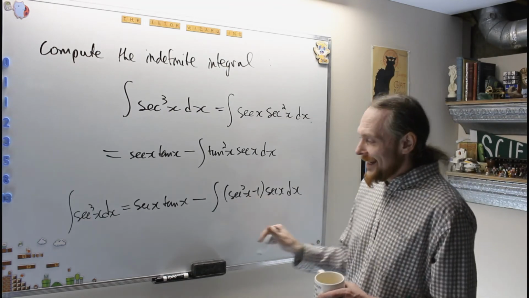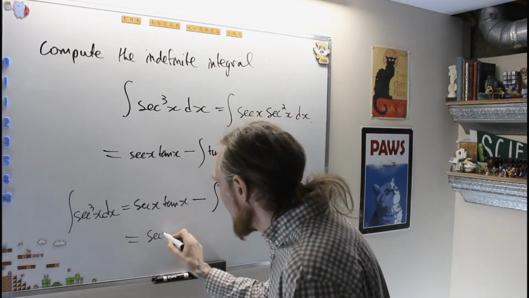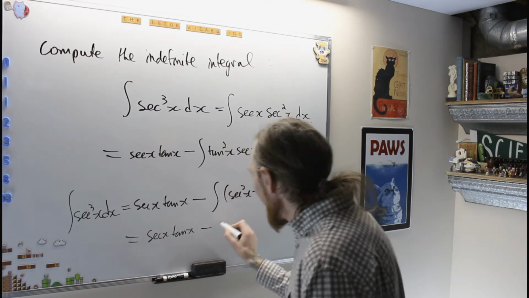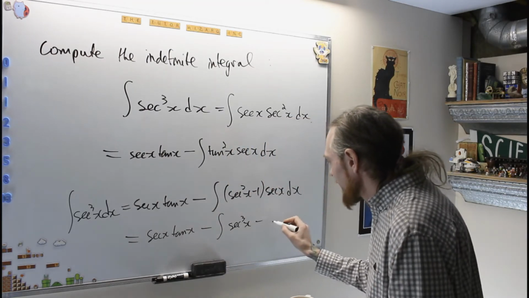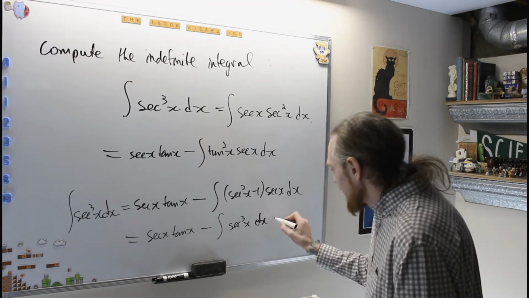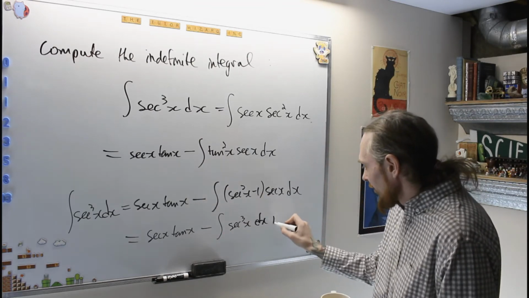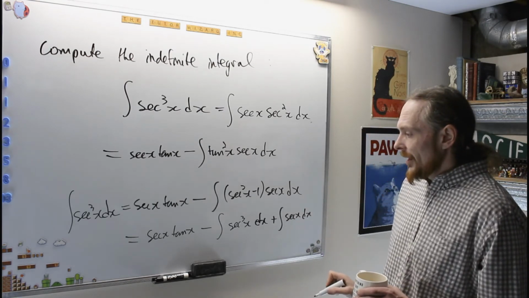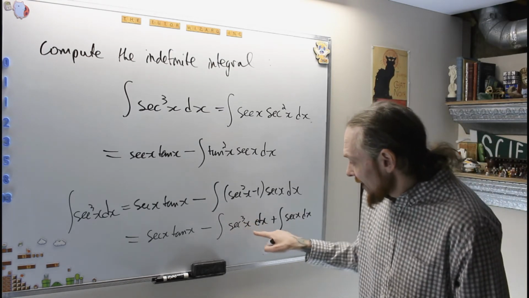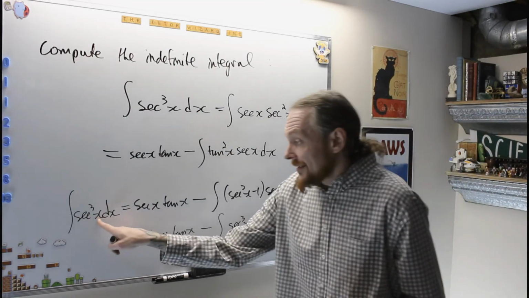I'm going to distribute the secant onto this, so it equals secant x tan x minus the integral of secant cubed x dx, and then I'm going to distribute the negative and write plus the integral of secant x dx. What I notice is this is the same integral, secant cubed and secant cubed.